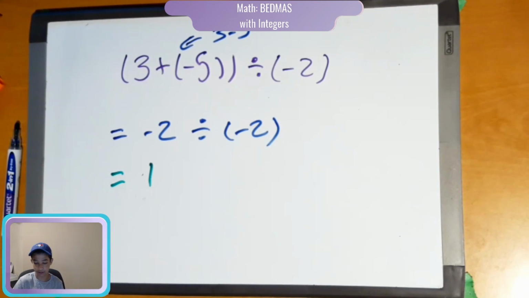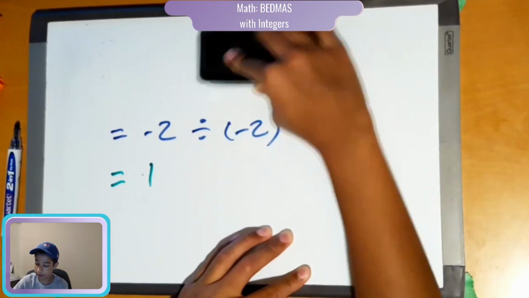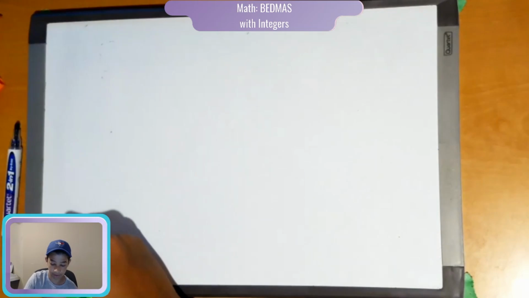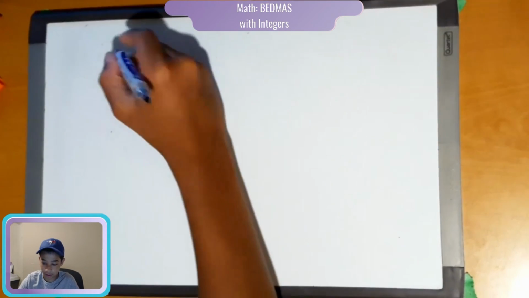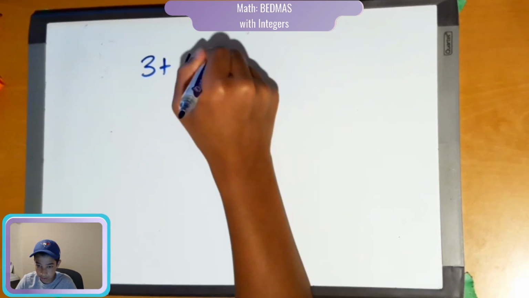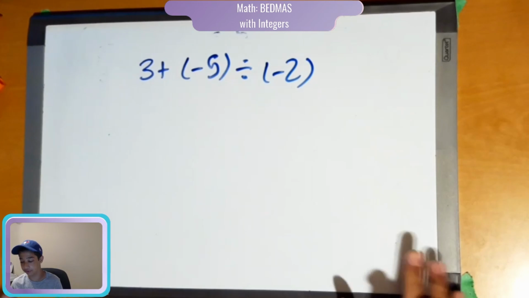But let me show you what would happen if I did the division first. Oh wait, my answer was 1. Okay, what if I did the division first? If it was written like this, we would have to do the division first.